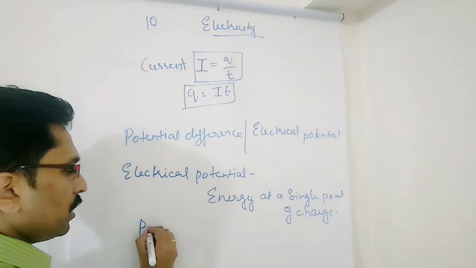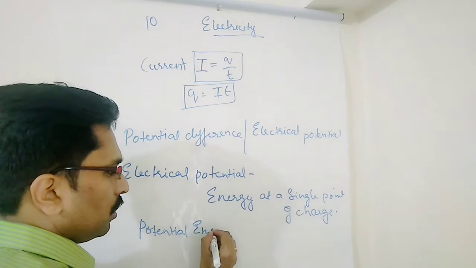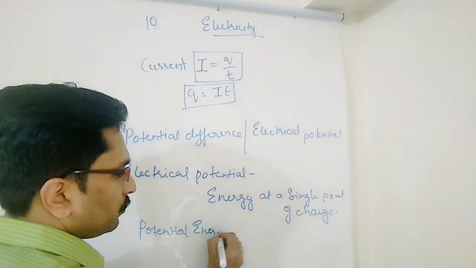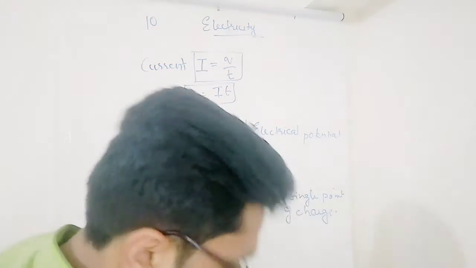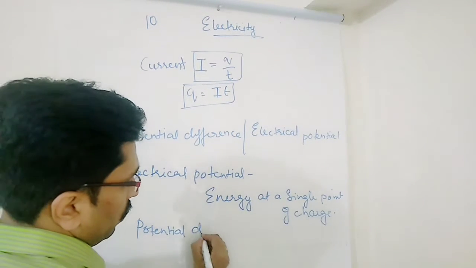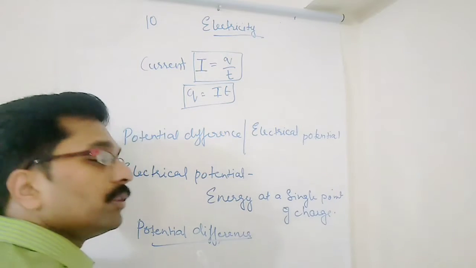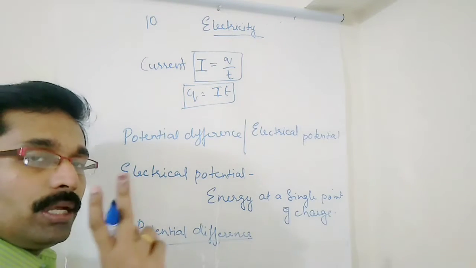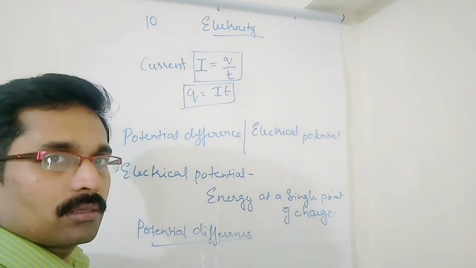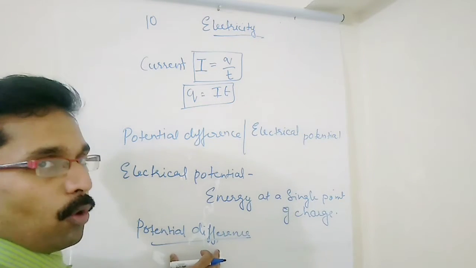Whereas potential difference is termed as the electrical energy between two points of charge.